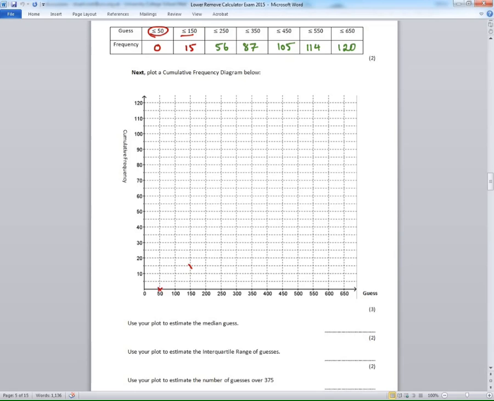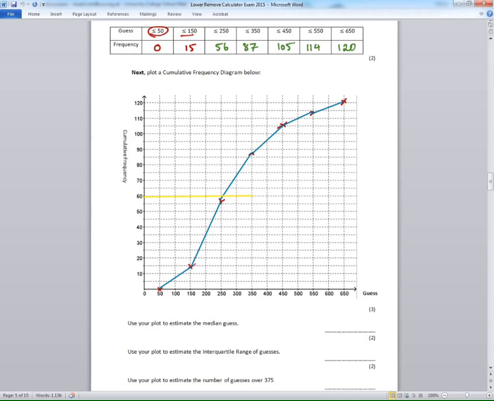So we're going to plot 50 there, 50 naught, sorry, then 150, we're going to plot that against 15, etc. And this is a cumulative frequency diagram, so you can either draw straight lines between the points or a nice curve between the points. We're going to use this to answer the questions below.